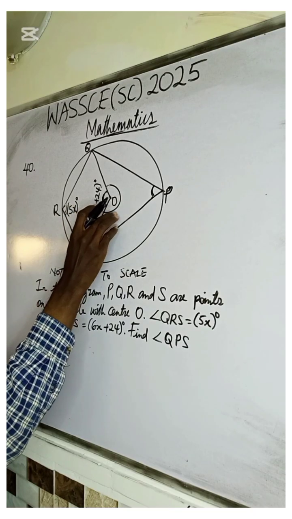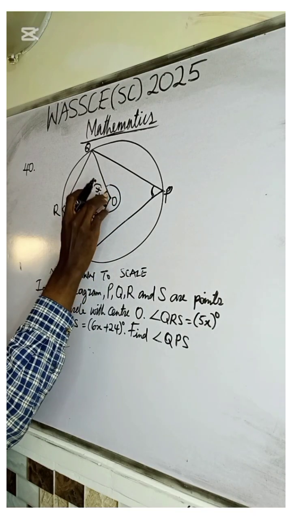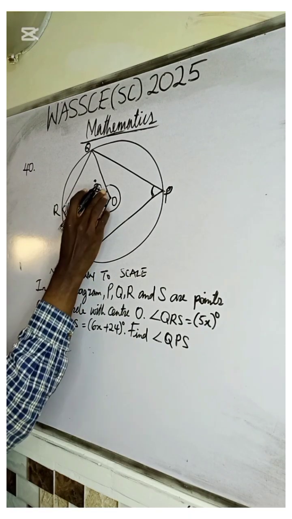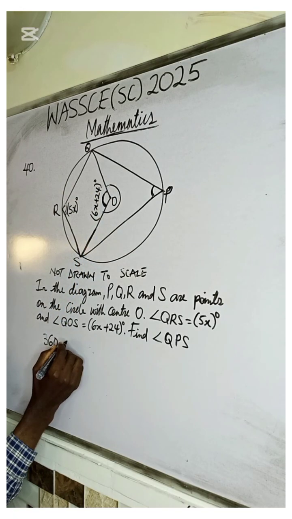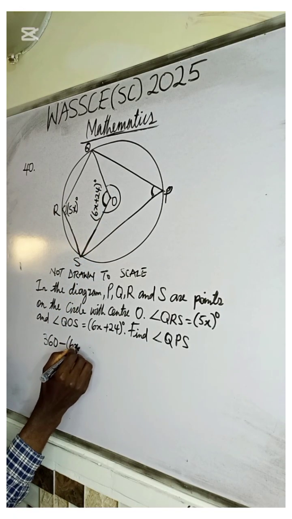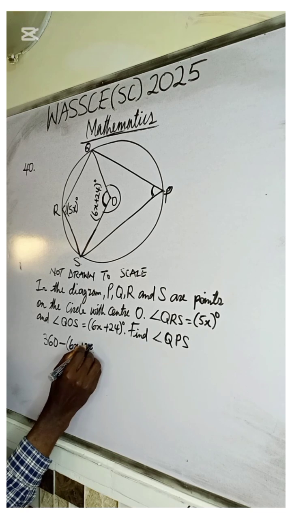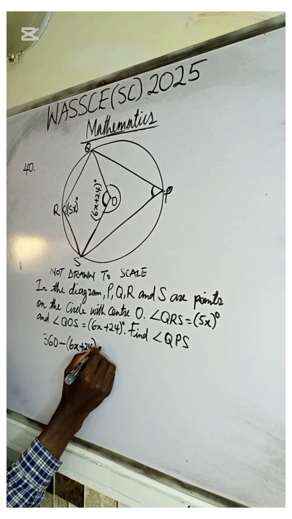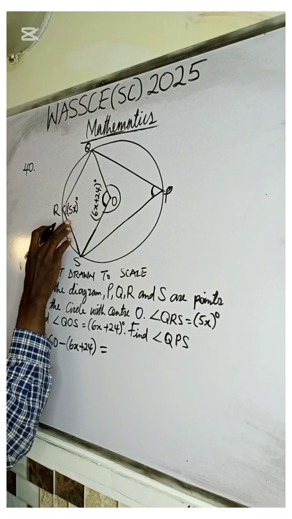So angle at the center is twice angle at the circumference. Now what's the angle at the center here? This is angle at a point, so it's going to be 360 minus what we have here to get this angle. What do we have? 6x plus 24. That's the angle at the center, and it is twice the angle at the circumference.